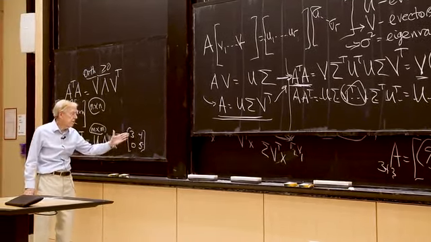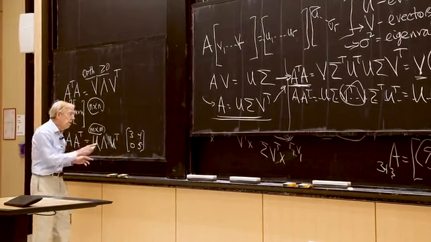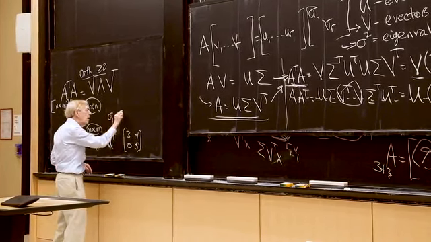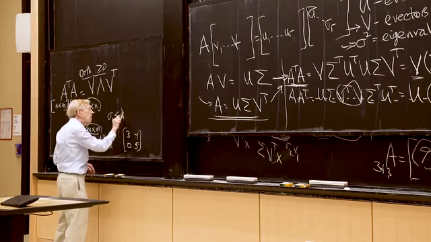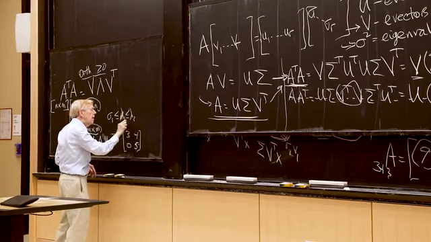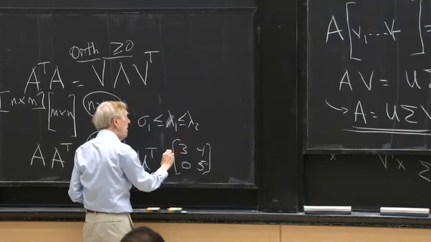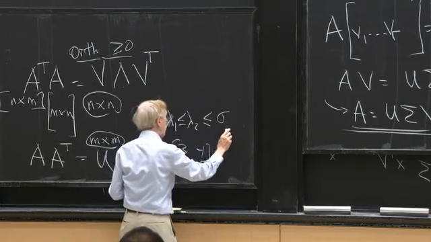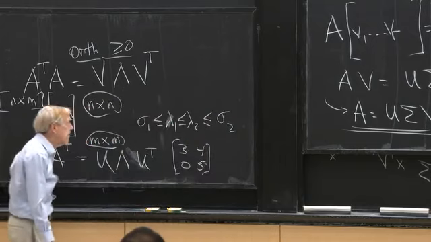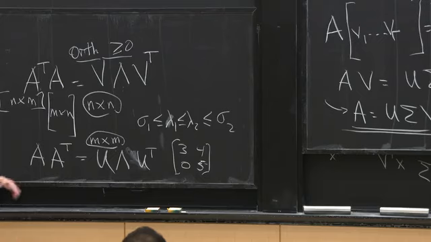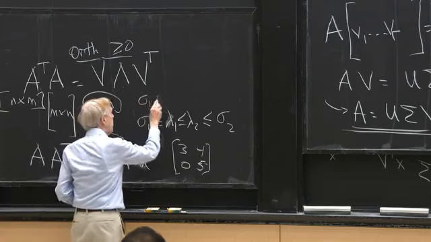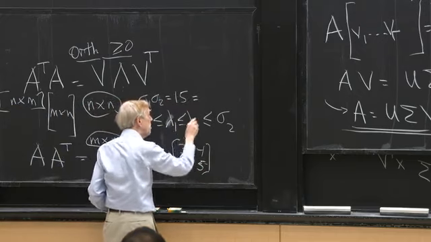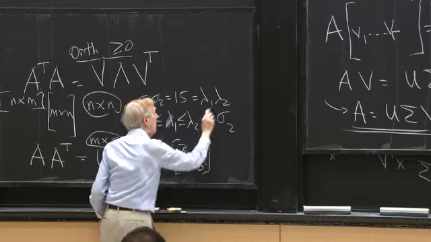The product of the sigmas here will be 15, but you'll find that sigma 1 is smaller than lambda 1. So here are the eigenvalues, lambda 1 less or equal to lambda 2, say, but the singular values are outside them. But they still multiply. Sigma 1 times sigma 2 will still be 15, and that's the same as lambda 1 times lambda 2.